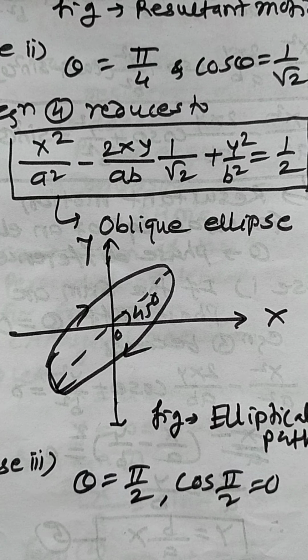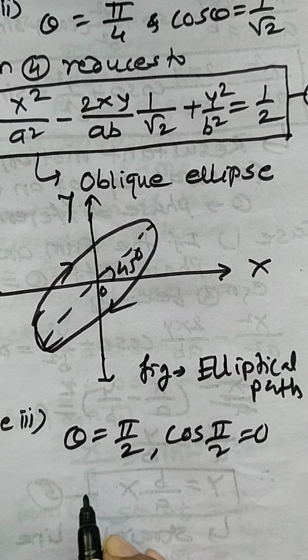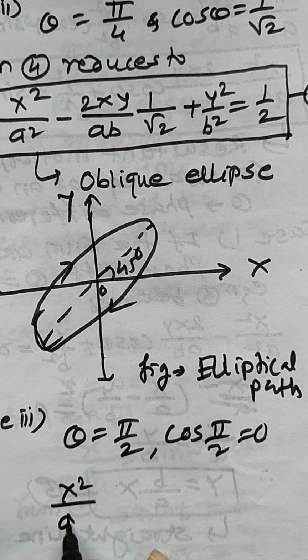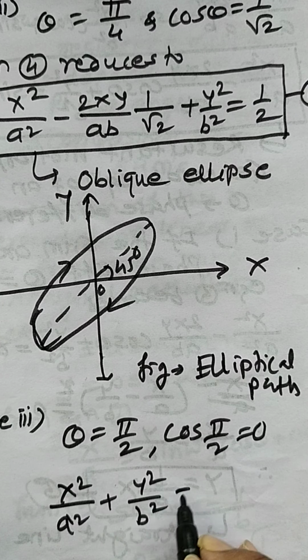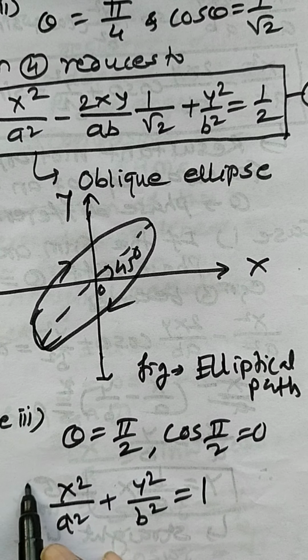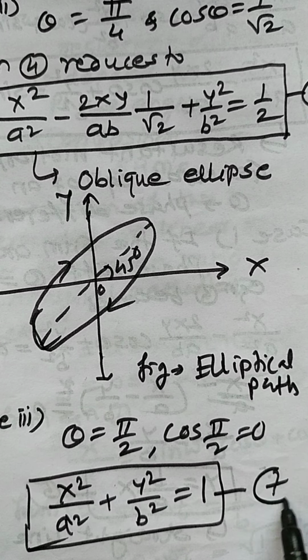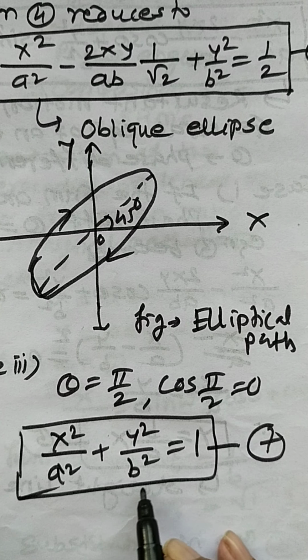So therefore equation 4 reduces to x square upon a square plus y square upon b square is equal to 1. This is equation number 7, and this equation represents a symmetrical ellipse.